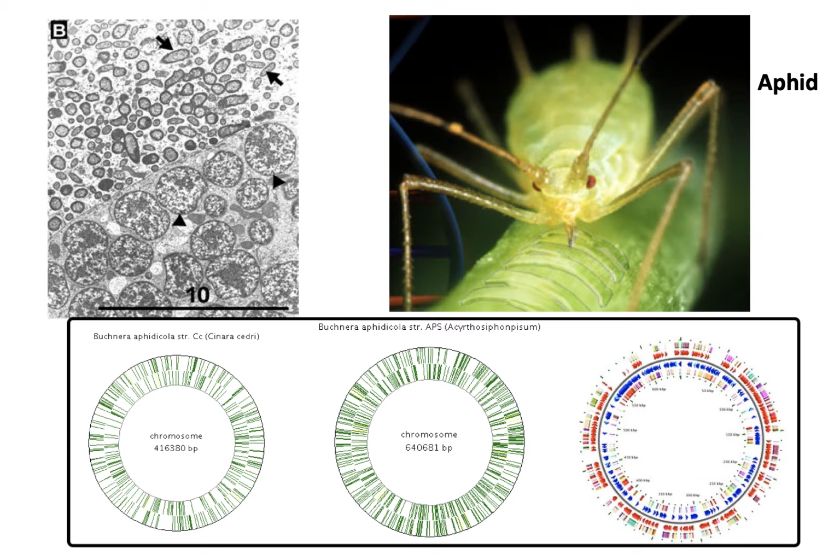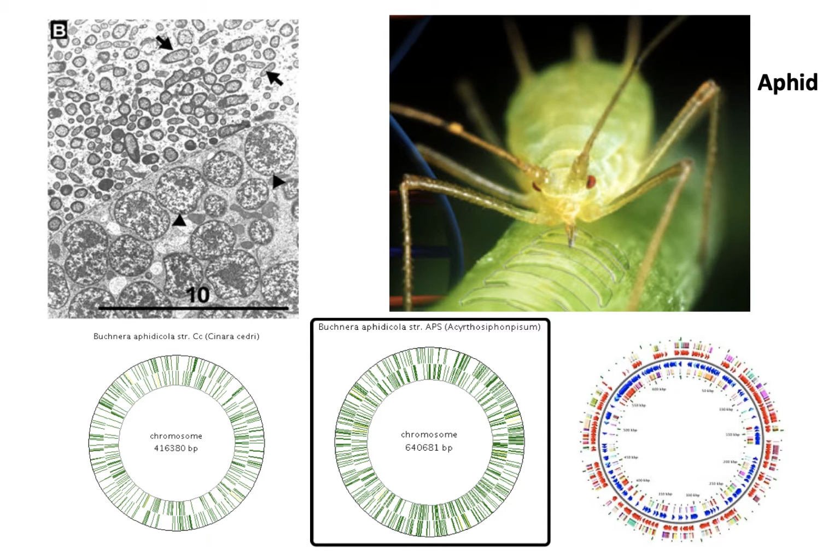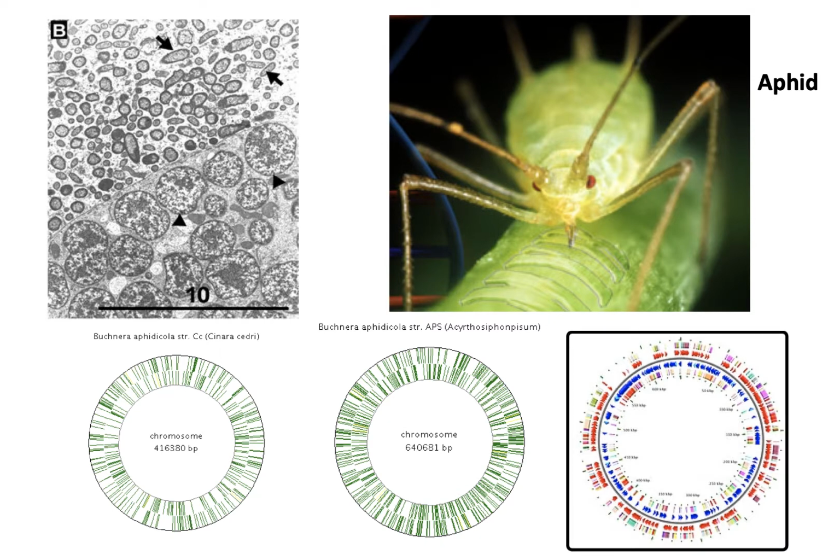Here are a couple of the genomes of two different varieties of these, or strains of these, including one with a 416,000 base pair genome, and the one that's 640,000 bases of the genome. They have similar genes. They're located in different spots. You can see here, though, that they are concentrated on those chromosomes.